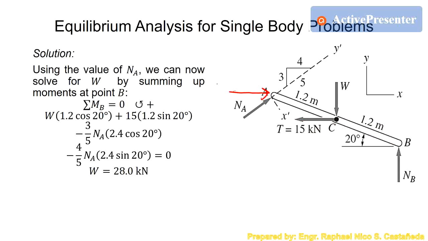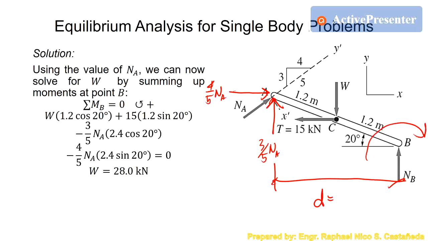We have 4/5 NA and we have 3/5 NA. So, let's start first with 3/5 NA. 3/5 NA has a distance which is this one. And its effect is clockwise because it is upward and B is on the right, so it will go like this.